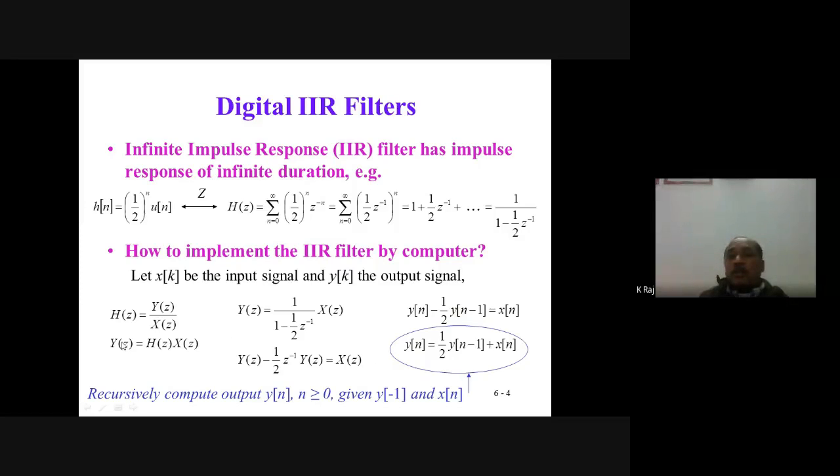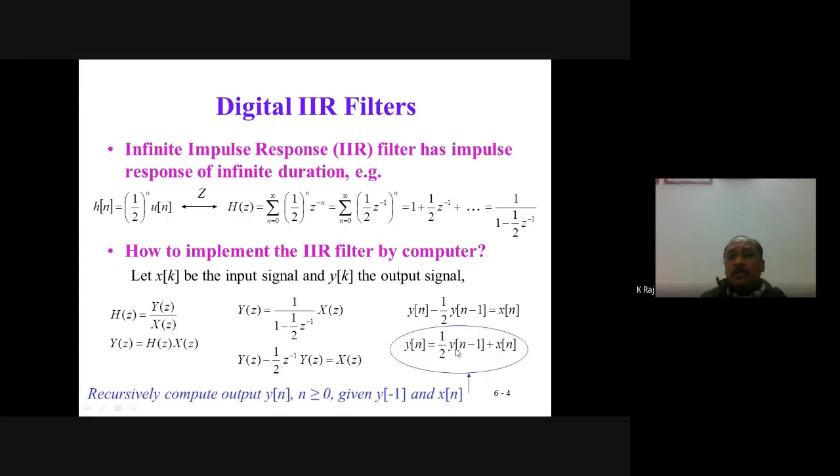After some manipulation, Y(z) is the multiplication of S(z) and X(z), and hence we can again write Y(z) in this form. We can say y(n) is 1/2 y(n minus 1) plus x(n). By this we can compute y(n) for n greater than or equal to 0, that is, n positive, and it exists for infinite duration.